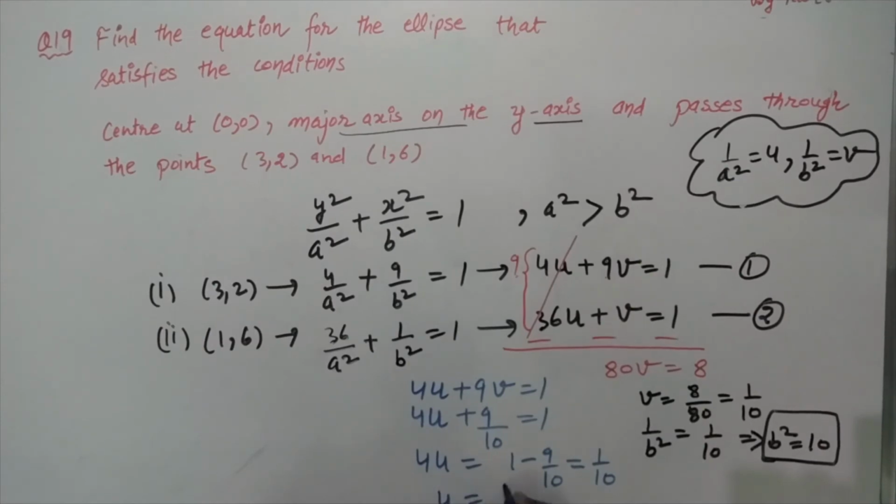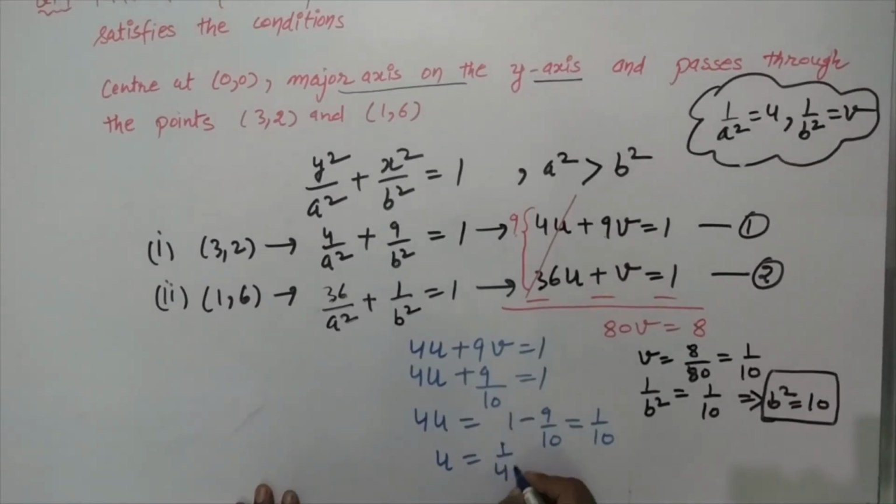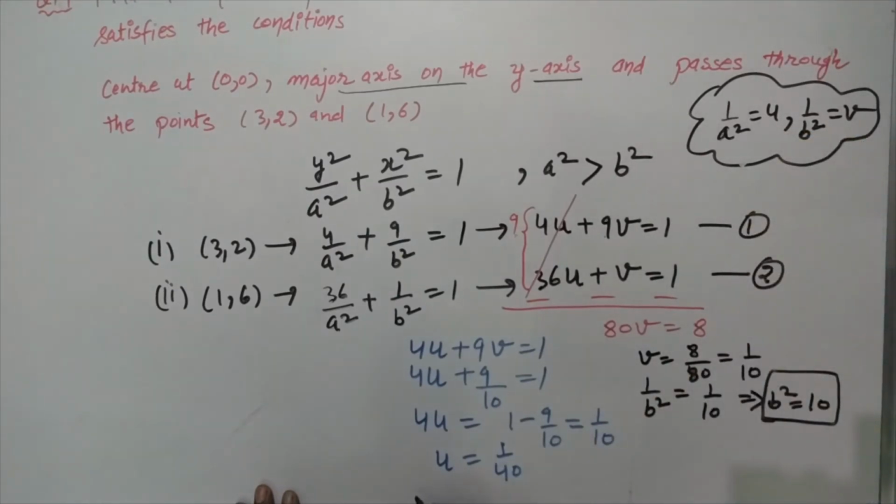So this way we have u is equal to 1 upon 40. So what is u? u is 1 upon a square, which is equal to 1 upon 40. So this gives us the value of a square is 40.